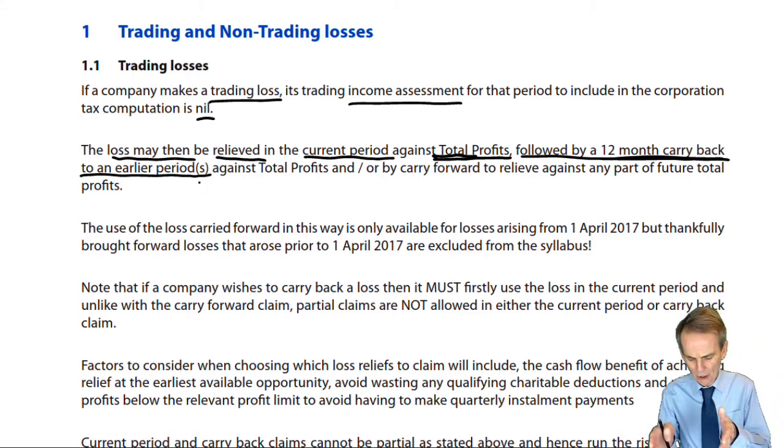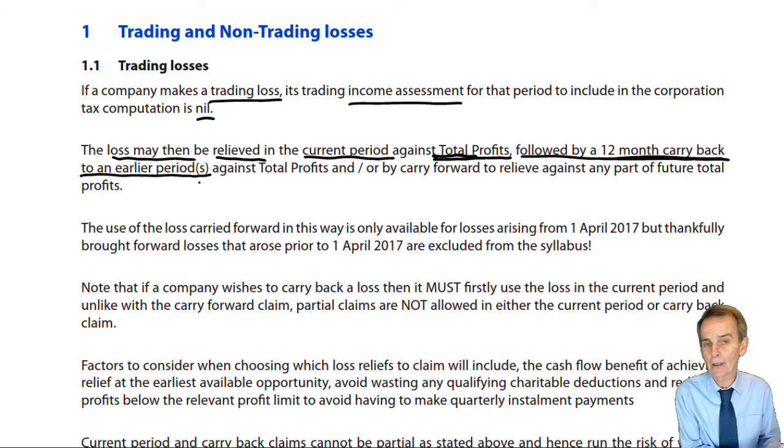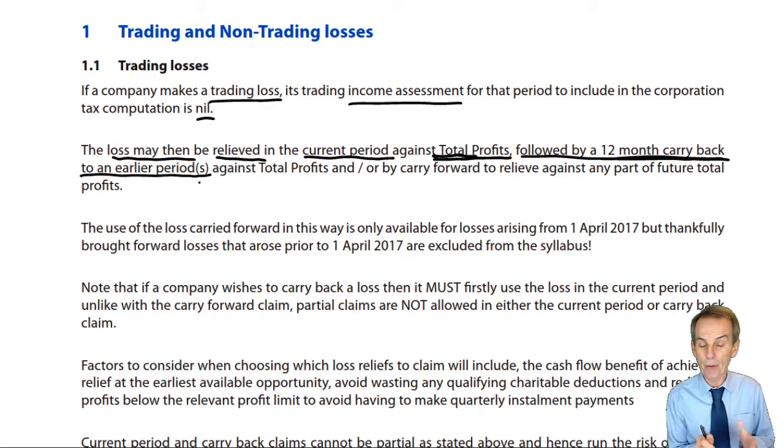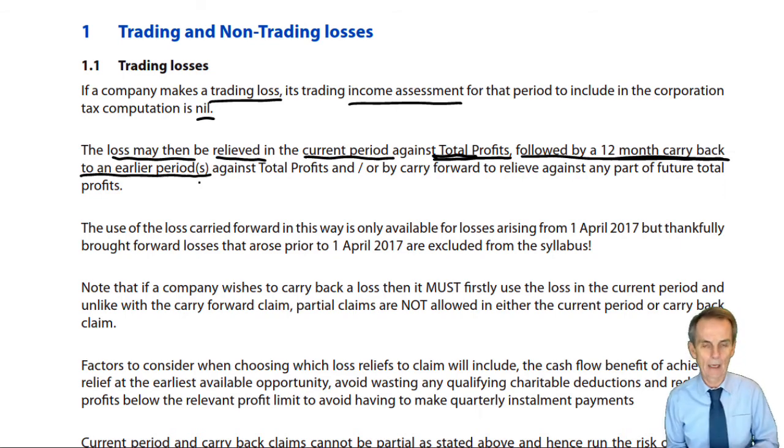So if this loss-making period was preceded by a 9-month accounting period, if the loss was big enough to eliminate all of the total profits of that previous 9-month period, it would then go against a further 3 months of the accounting period prior to that. It is a 12-month carryback. Normally that 12 months equates to the preceding accounting period, but don't learn it that way.